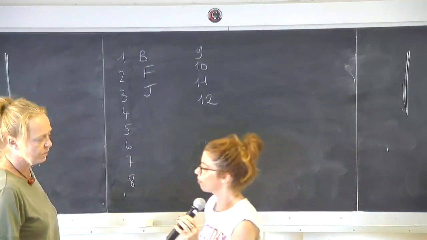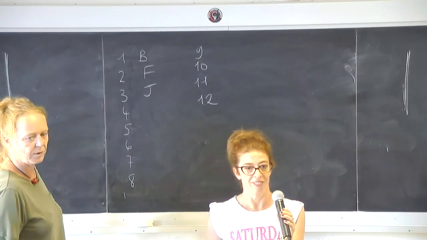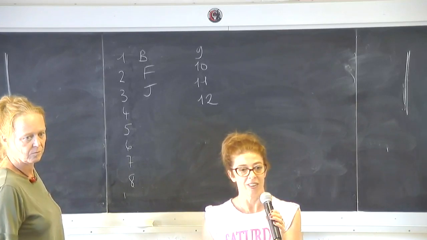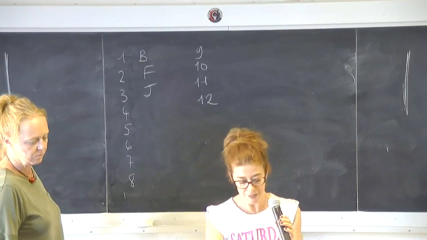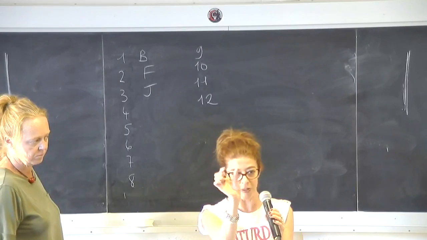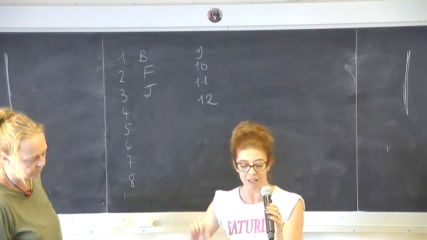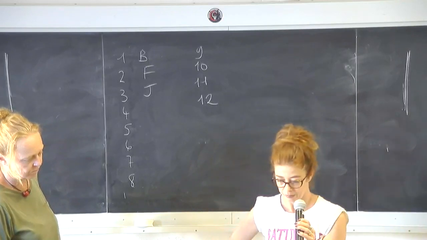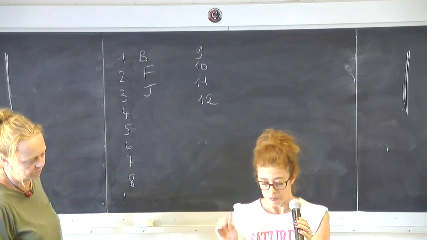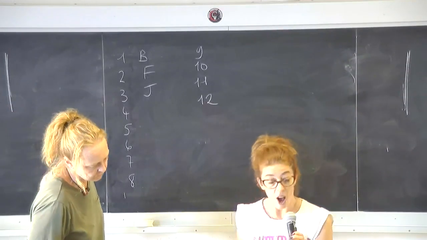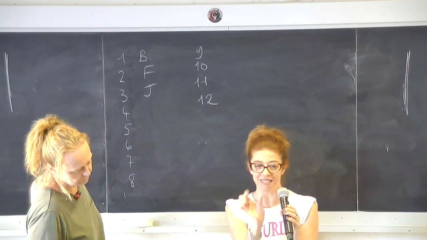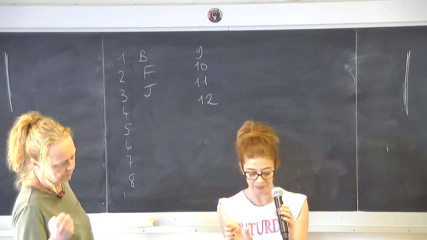Have I made a mistake? No. Because they haven't put the name on here. There should be the name. Yeah, it's because they didn't put it on. B and C. No. C is the what do you call it?